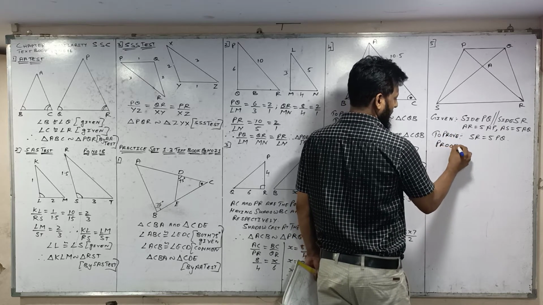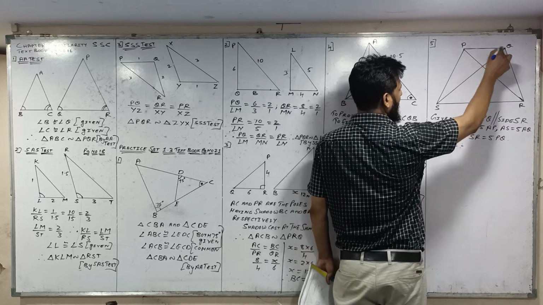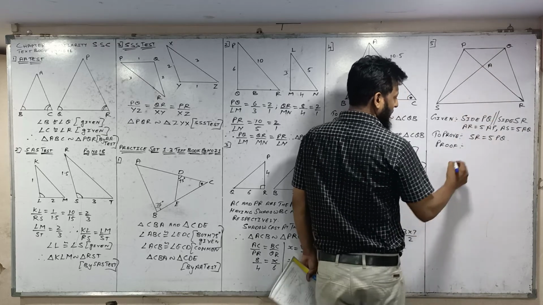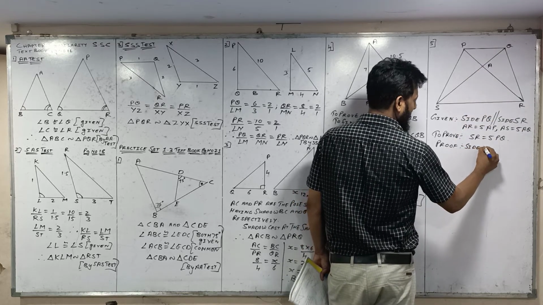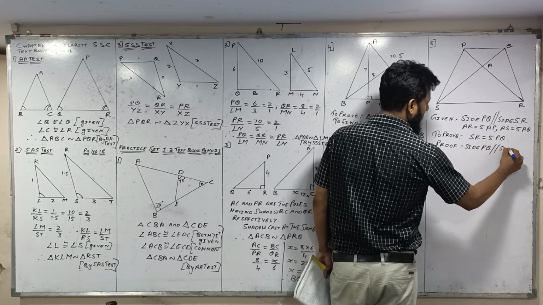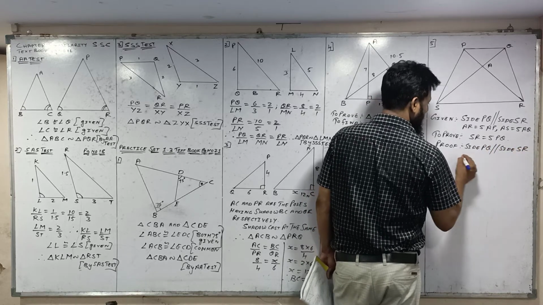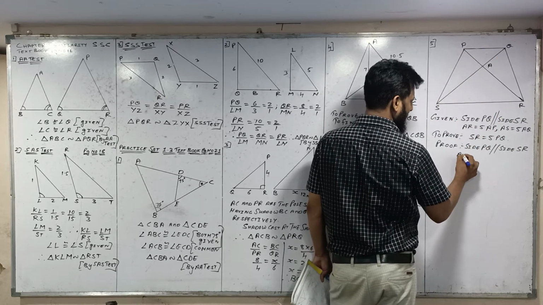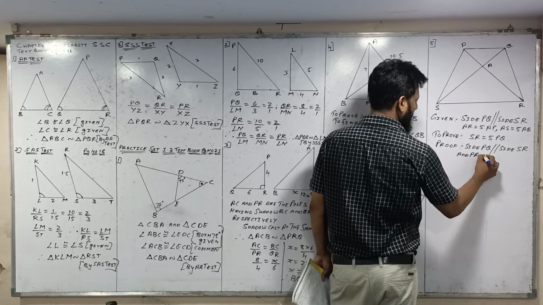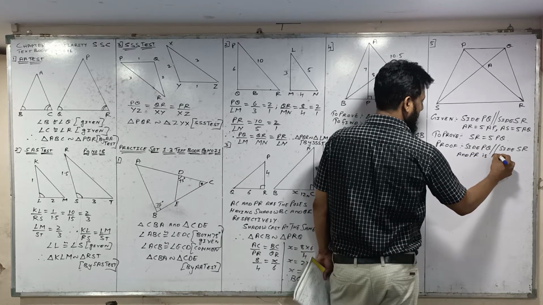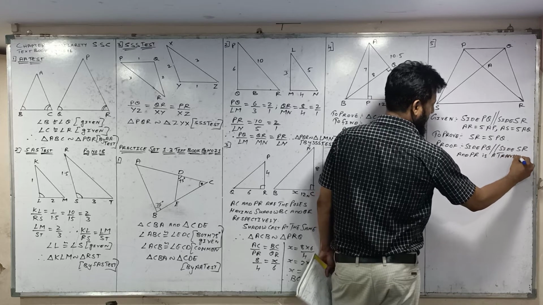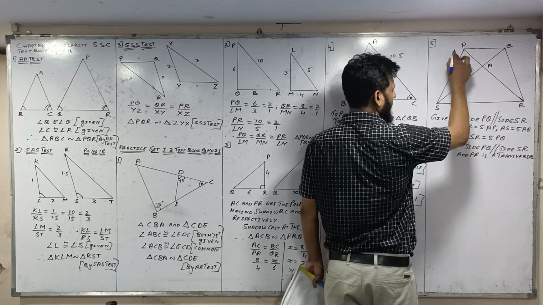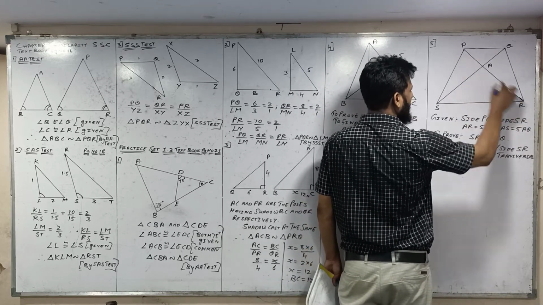Proof. For proof you have to take these two triangles APQ and ARS. Side PQ is parallel to side SR, given, and when PQ is parallel to SR we take PR as a transversal. See, this PQ is parallel to SR and this is the transversal.